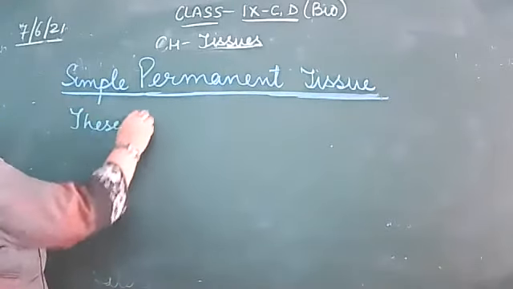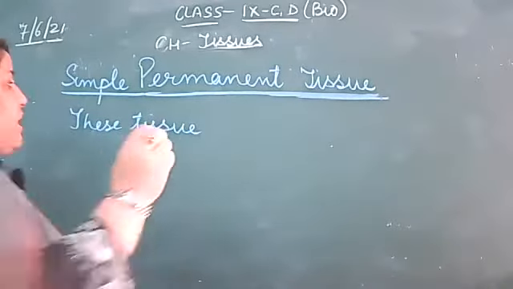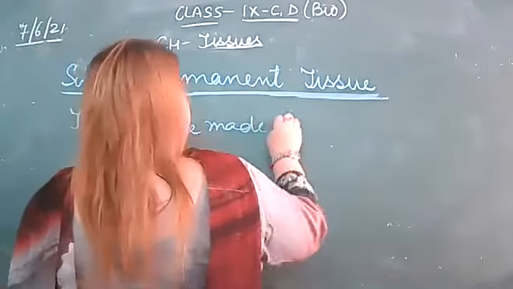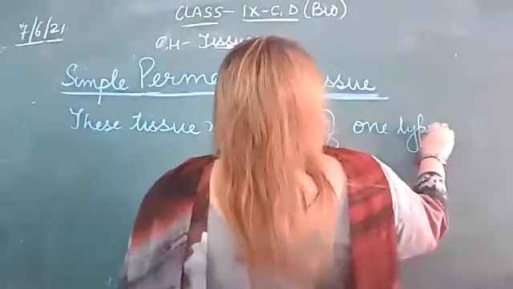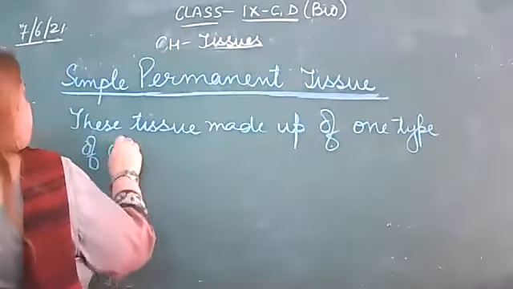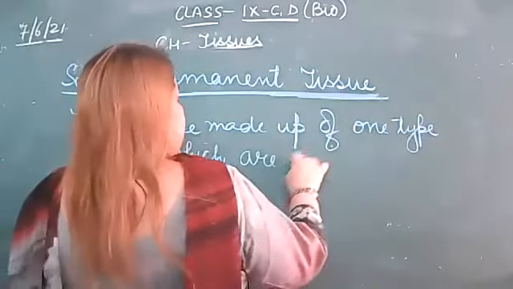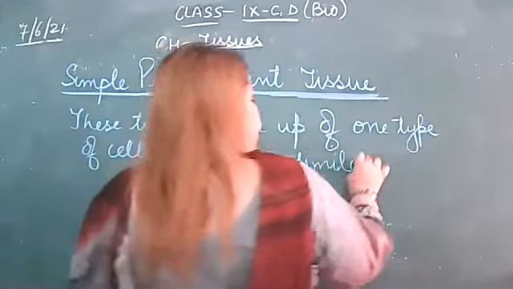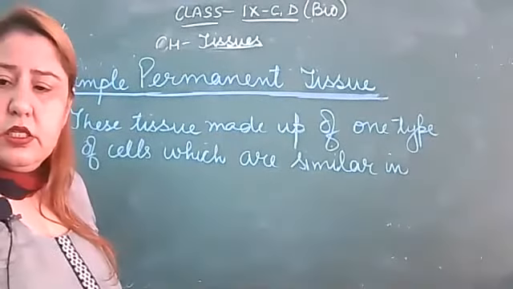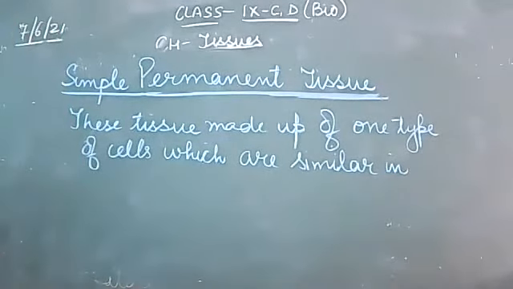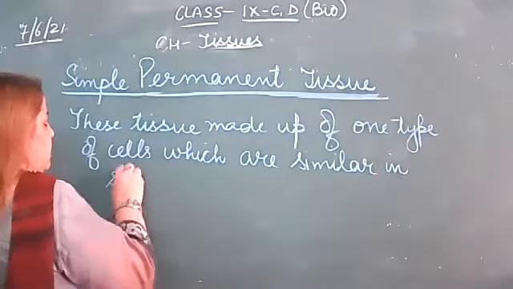Write down: these tissues are made up of one type of cell which are similar in structure and perform the same function.